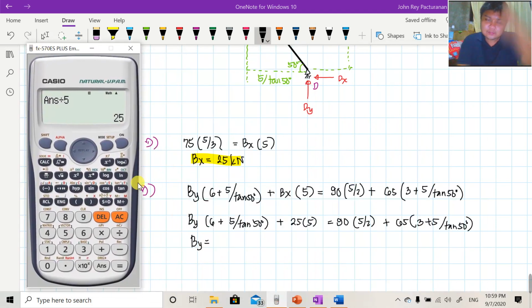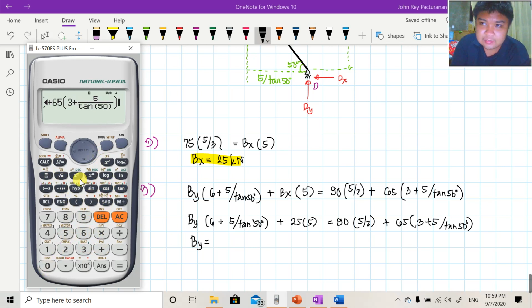So, ganun lang, di ba? So, x 6 plus 5 over tangent 50, diba? Plus 25 times 5 equals 90 times 5 over 2. Tapos, plus 65, 3 plus 5 over tangent of 50 degrees.